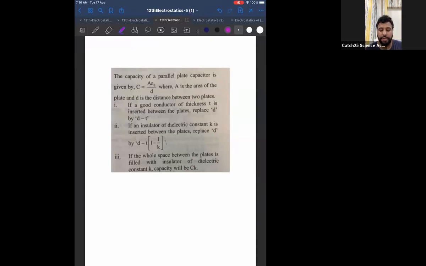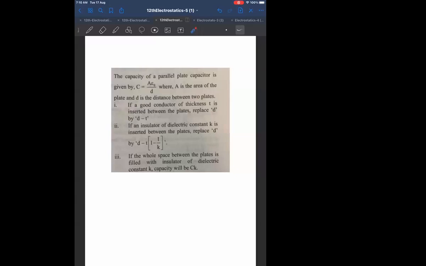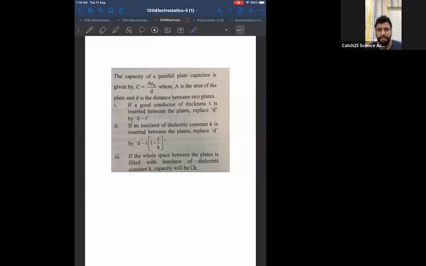Last class, I told you the formula for capacitor was C is equal to A epsilon naught by d. Have we done this part? Check your notebook. Yes, sir. We have finished this part.